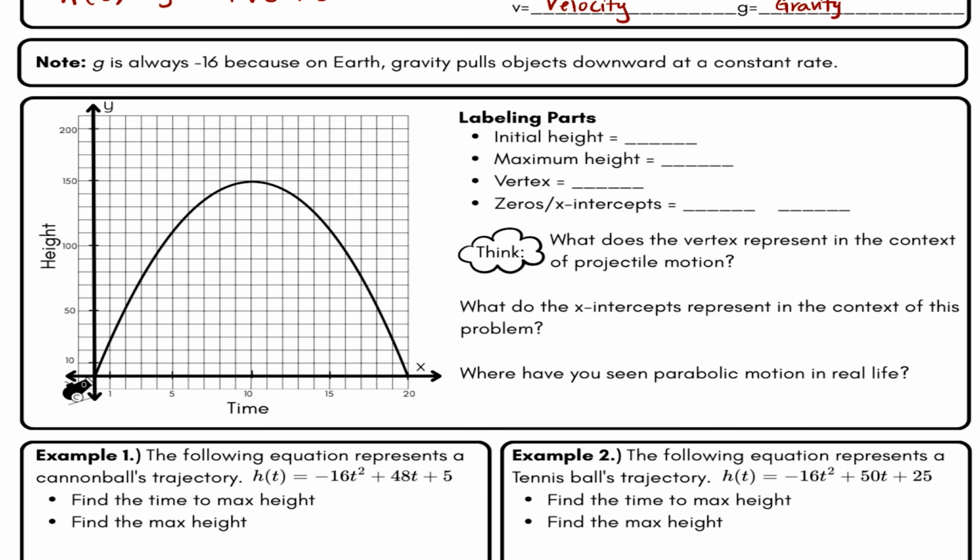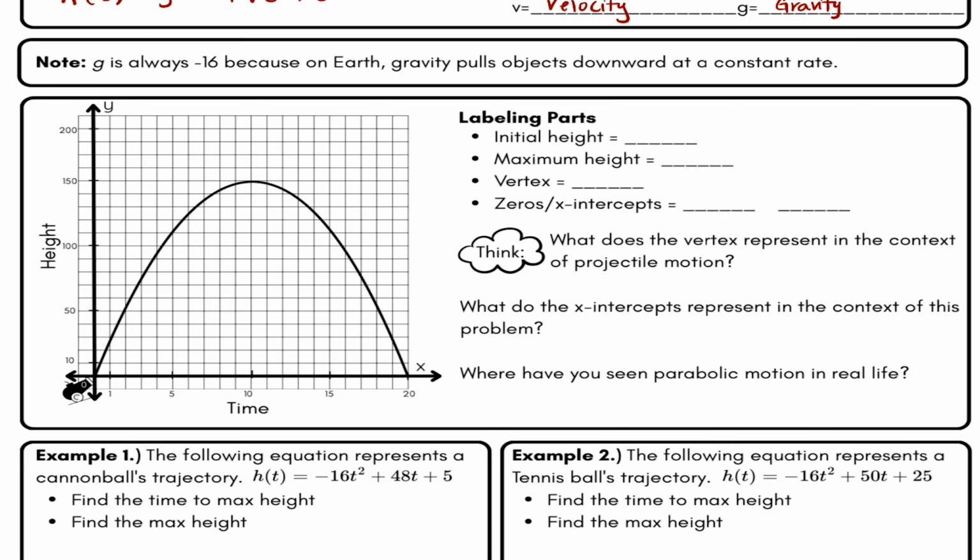So it's not distance being measured on the x-axis, it's time. So it's very important that we understand the difference. What's being shown on this coordinate plane is the maximum height a cannonball would reach over time and the total flight time, right? So when we look at this, let's start by labeling our parts, okay?